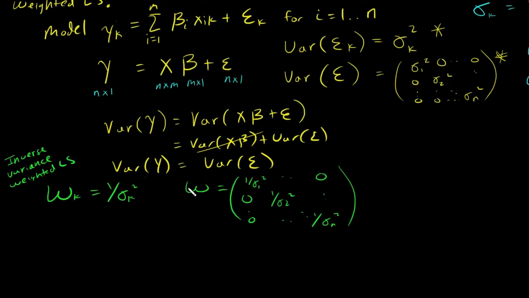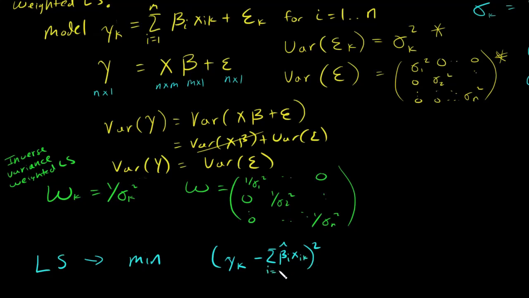So then what's the deal? How do you use those weights? All right, so remember that in ordinary least squares, we want to minimize the squared difference between our observed value of the outcome y, lowercase y, minus the predicted value, which would depend on this predicted beta and then your covariates x_ik.